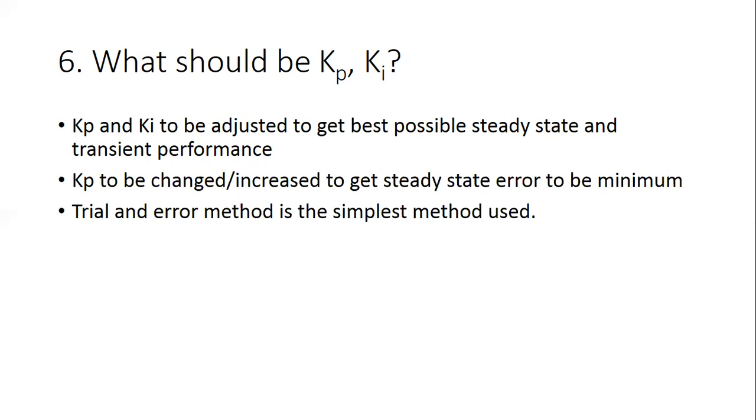Here, by trial and error, I have tried to limit the error within say 2 to 2.5% range, and that's all I'm going to show: how, by changing KP and KI, the steady state error or the rise time is affected, right? So all these different control system related studies you can also do with this simulation, right? So that's all the questions.